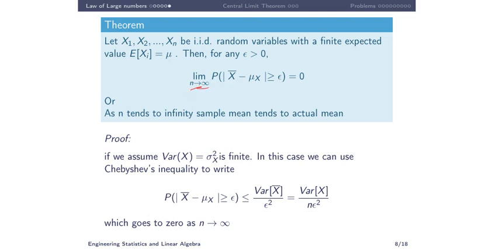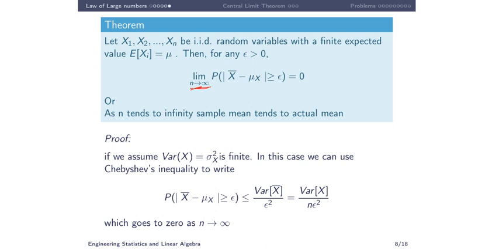If you see the simulation graph, you can observe that initially the average was not near 0.5, but as you keep increasing the number of experiments, x bar was very close to mu x. So the probability of x bar minus mu x being more than 0 is almost 0 as n tends to infinity.